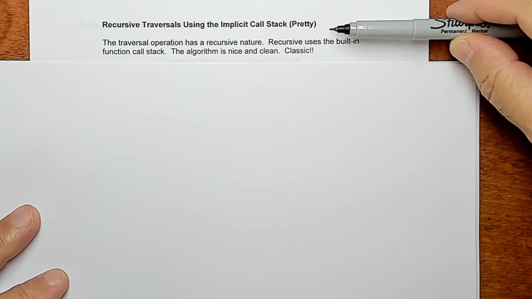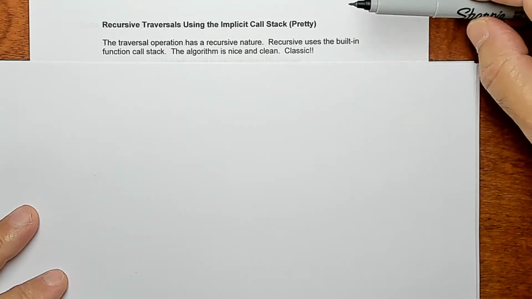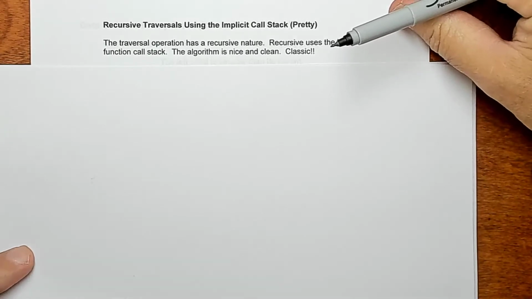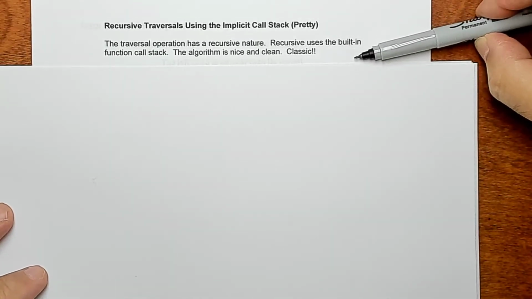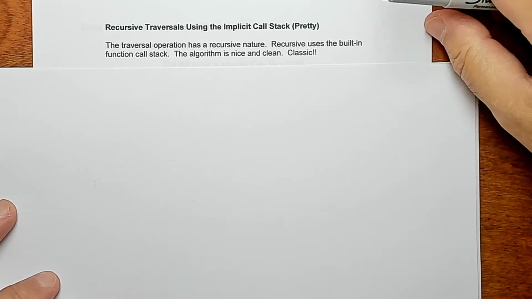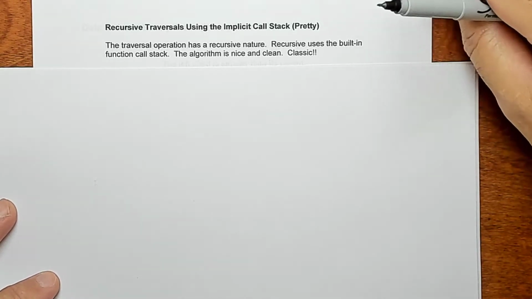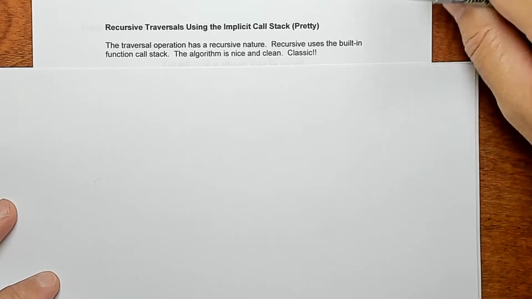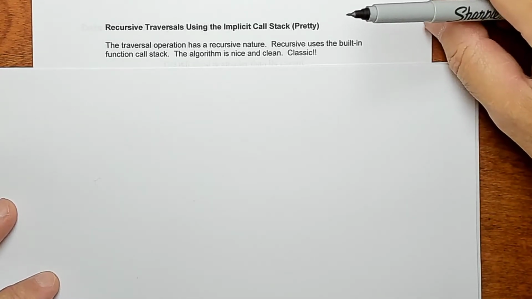Every time you call a function, it's using the stack that's built into the hardware and the language. Modern computers are sometimes referred to as stack machines because they have a stack, and the whole system, the whole hardware and programming languages, are set up to use this stack.